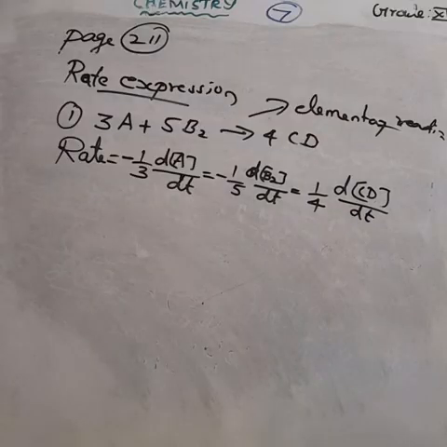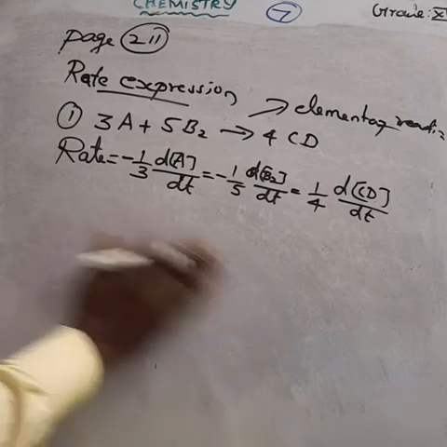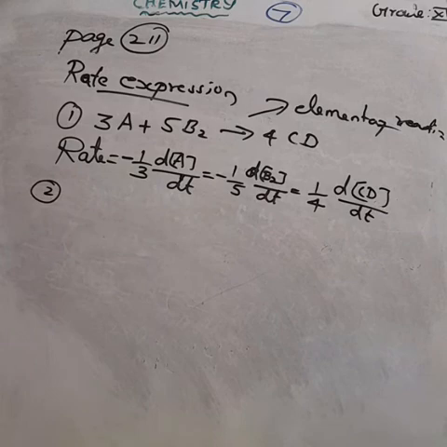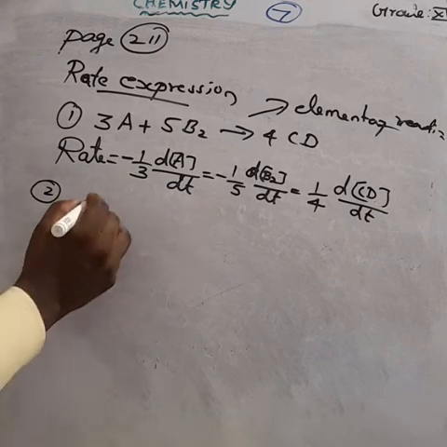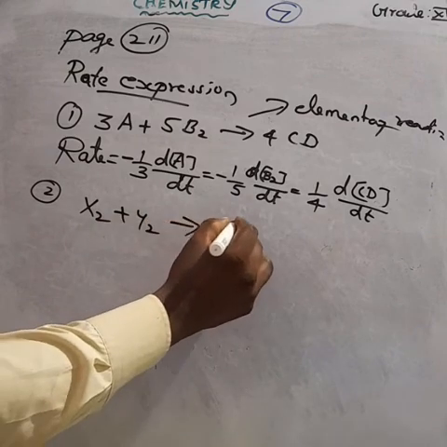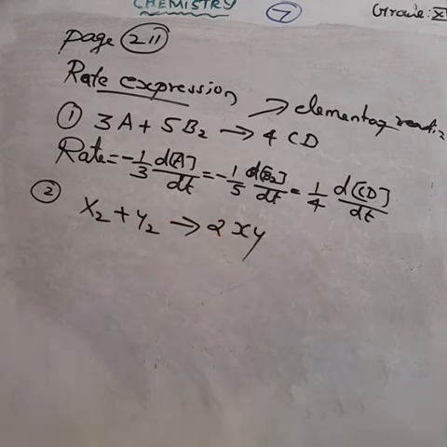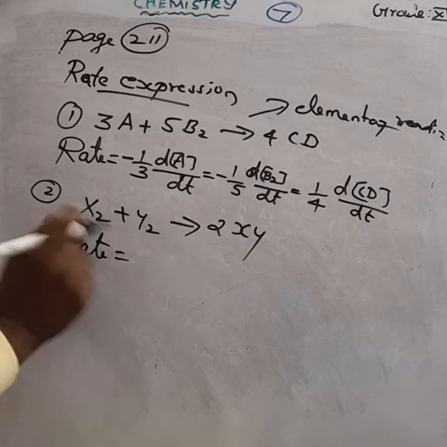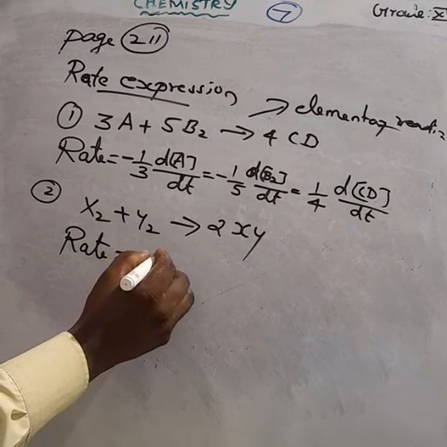Next we discuss the second option, that is X2 plus Y2 gives 2XY. How will you write the rate? Rate is equal to, for the reactant we give a negative sign, because it is a decrease in the concentration.